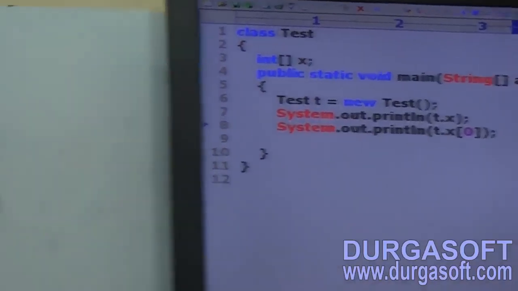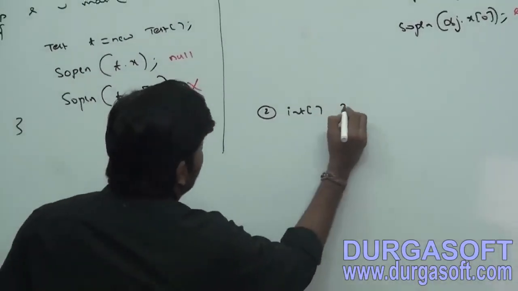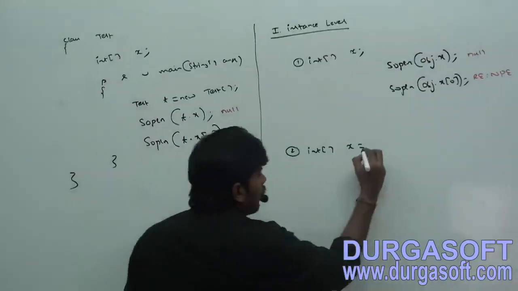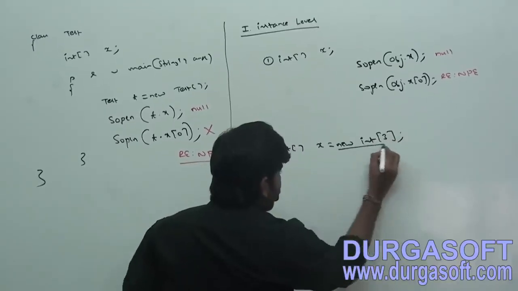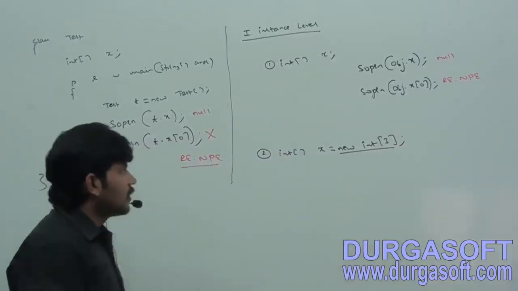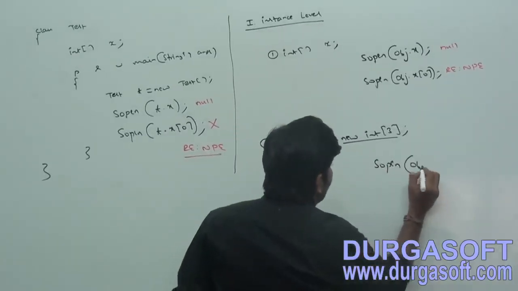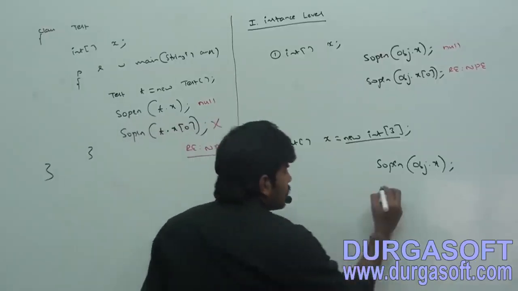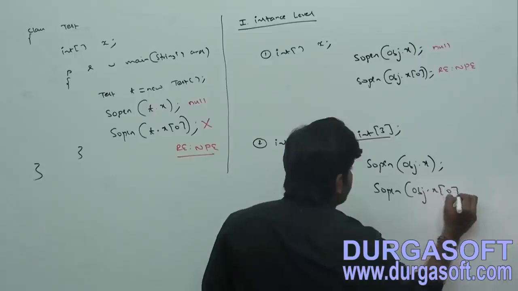But now I want to make a small change. Listen to this one. Sir, instead of this line, I am taking int array x is equal to new int array of 3. Now the corresponding array object is also created. Now System.out.println obj.x, and System.out.println obj.x of 0.